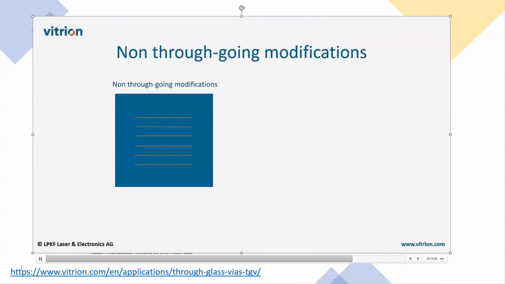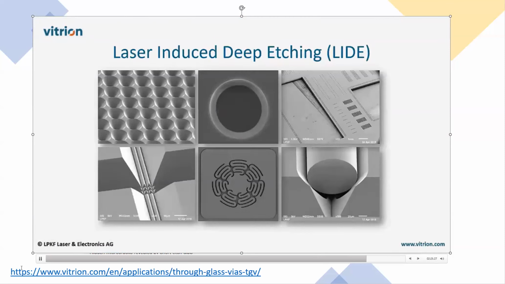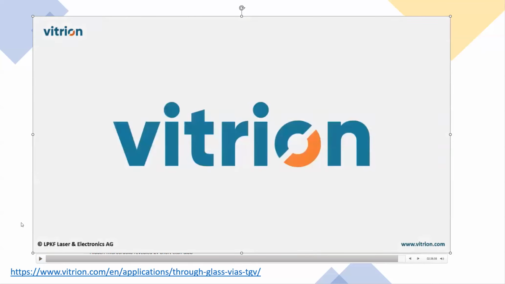And an array of modifications, which intentionally do not penetrate the full glass substrate, turn into a pocket. Low cost and its versatility make LIDE a new base technology for electronics, microfluidics, display, and microsystems. If you would like to take advantage of LIDE or have further questions, please contact us at.